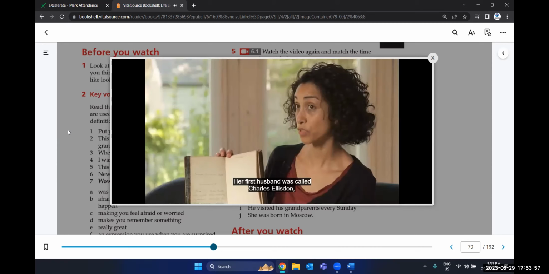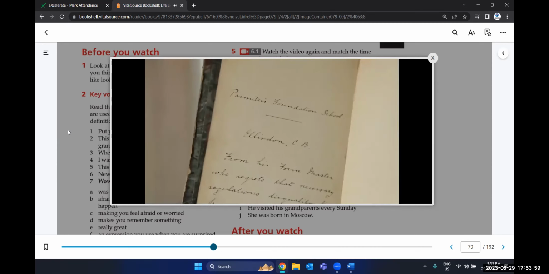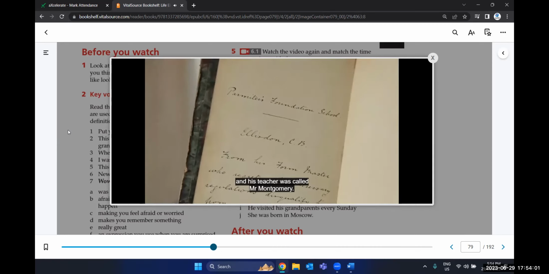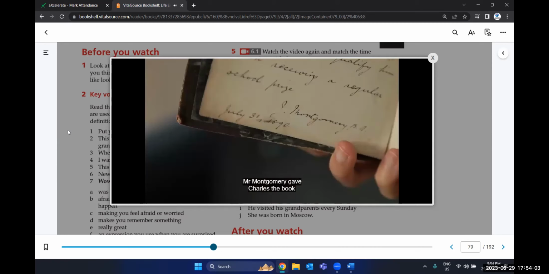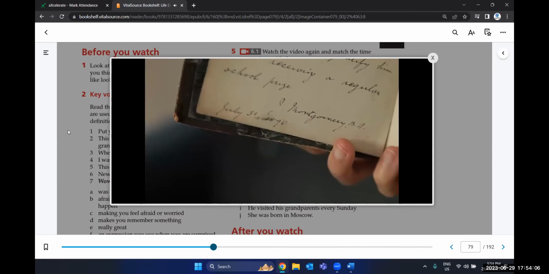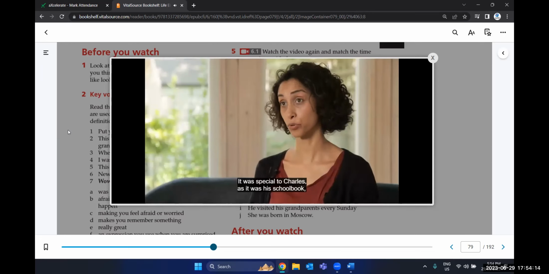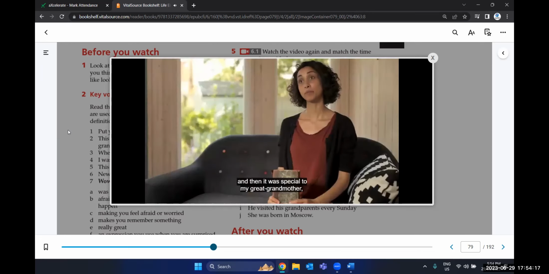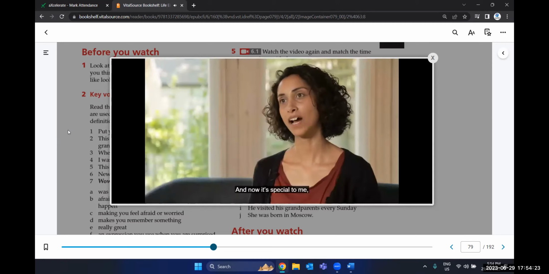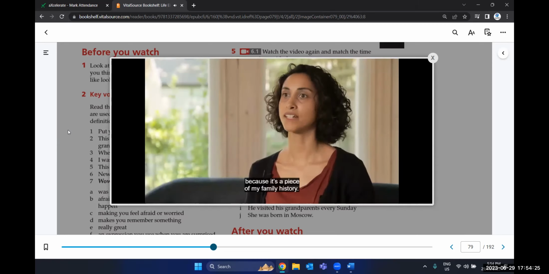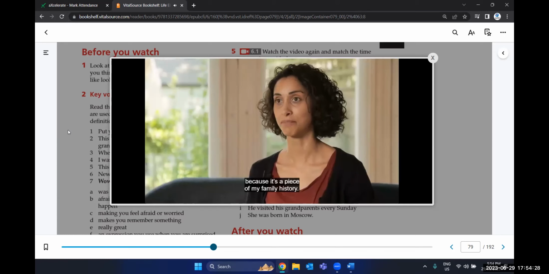Her first husband was called Charles Elliston, and his teacher was called Mr. Montgomery. Mr. Montgomery gave Charles the book on July the 31st, 1890. It was special to Charles as it is his school book, and then it was special to my great-grandmother as it reminded her of her first husband, Charles. And now it is special to me because it's a piece of my family history.